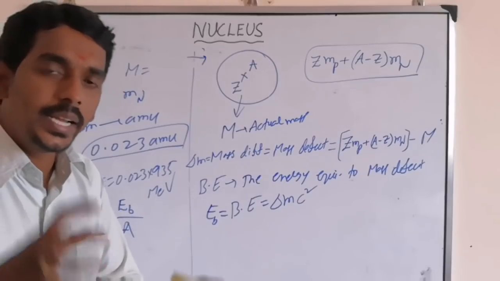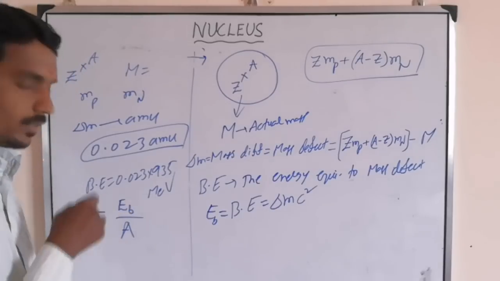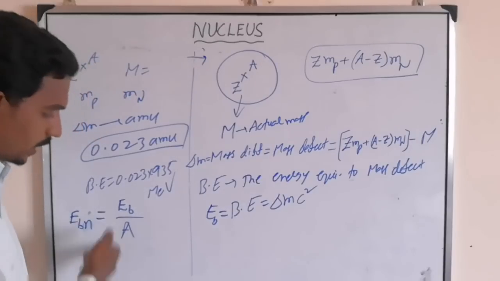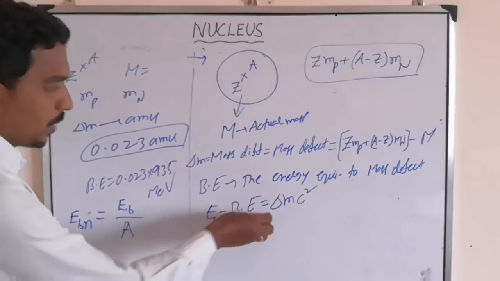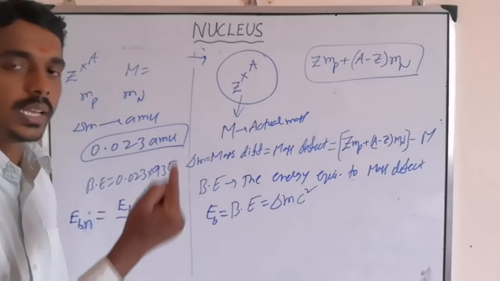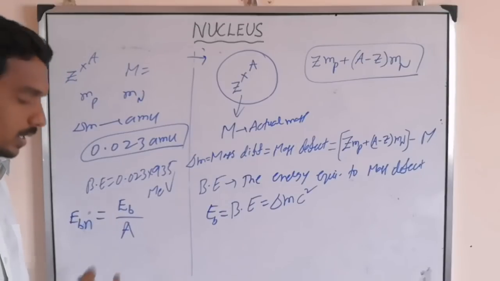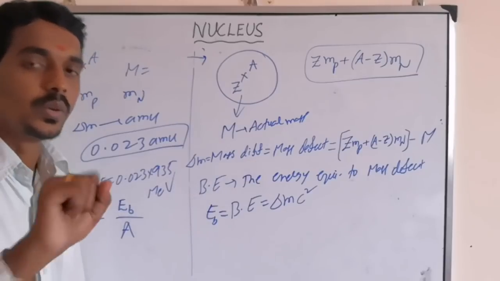For all the 20 nucleons, the binding energy is EB. For one nucleon, how much? Divided by 20. The 20 is only the mass number. So for total nucleons, this is the binding energy. For one nucleon, what is the binding energy? Then you have to divide by the total number, that is the mass number. Then you will get binding energy per nucleon.